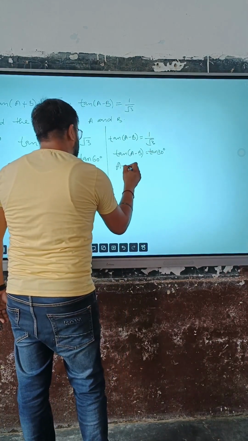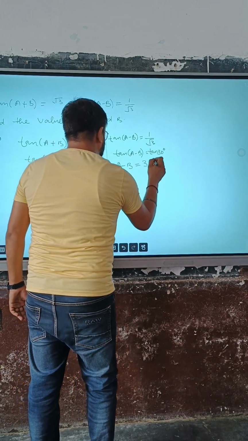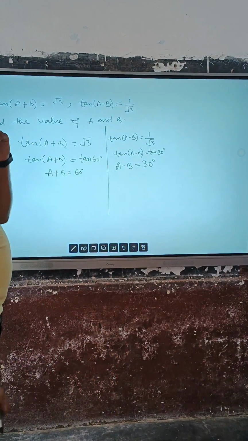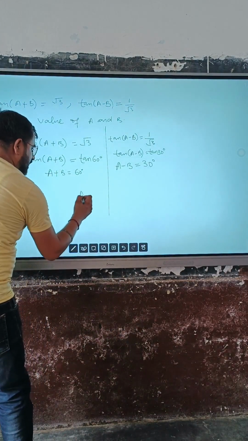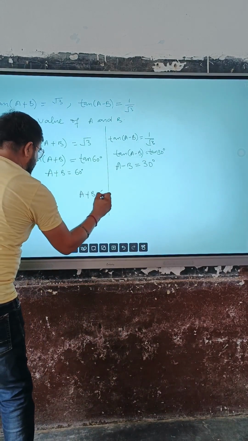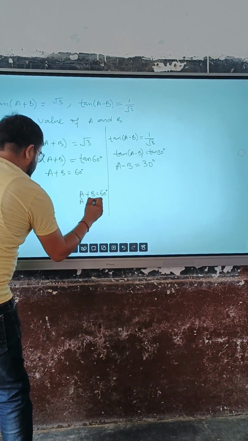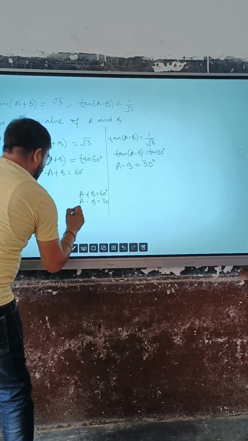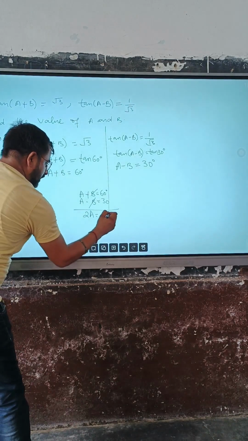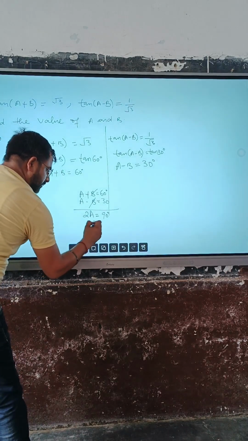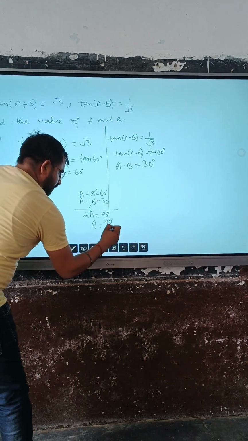So a minus b is equal to 30 degree. We can use the elimination method to find the values of a and b. So a plus b is 60 degree and a minus b is 30 degree. After addition, 2a is 90 and a is 90 by 2, that is 45 degree.